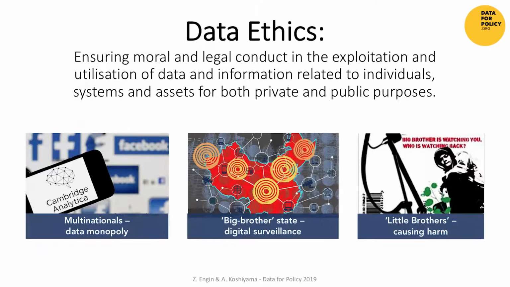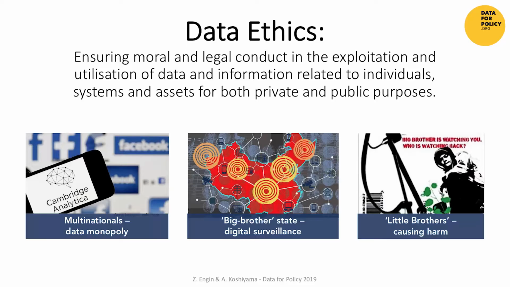The way we define data ethics, so ethics in general, is ensuring moral and legal conduct in the exploitation and utilization of data and information related to individuals, systems, and assets, used for both private and public purposes. The obvious example I have is the Cambridge Analytica and Facebook case, as an illustration of a multinationals case.